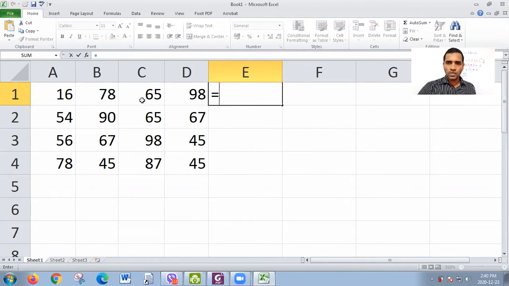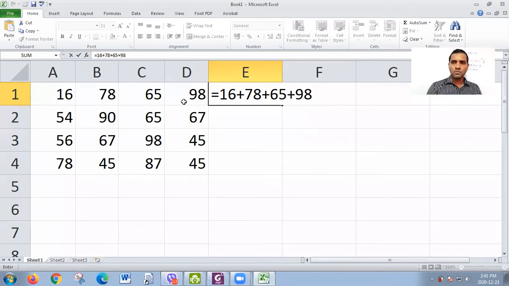My first number is 16, so type 16. I have to add them, so put the plus. This time it has to be 78, so type 78. Again plus, then 65. Again put the plus, this time it's 98.